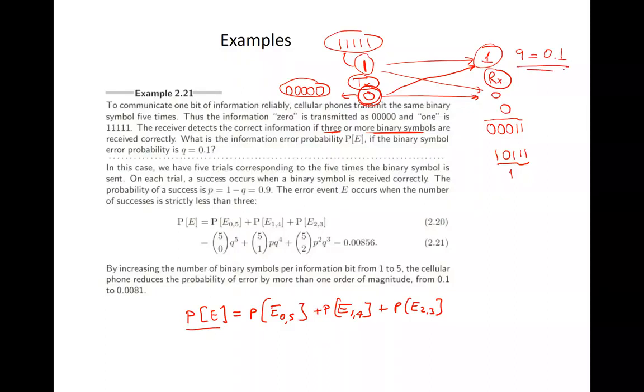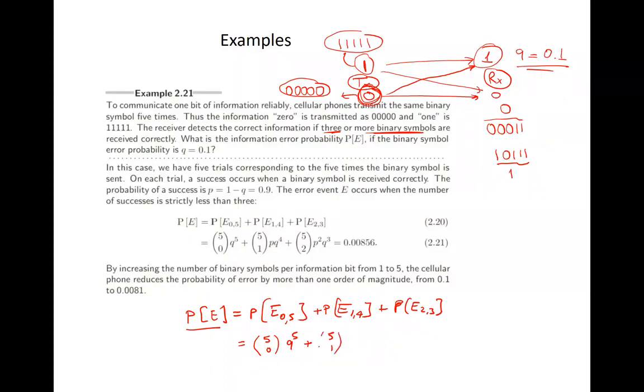If I try this with a single bit, out of 10 tries, only one of them was received incorrectly. This is how we read it. Now I can determine these probabilities to find the error probability, which is 5 choose 0 and Q to the power 5, using the previous slide's equation.